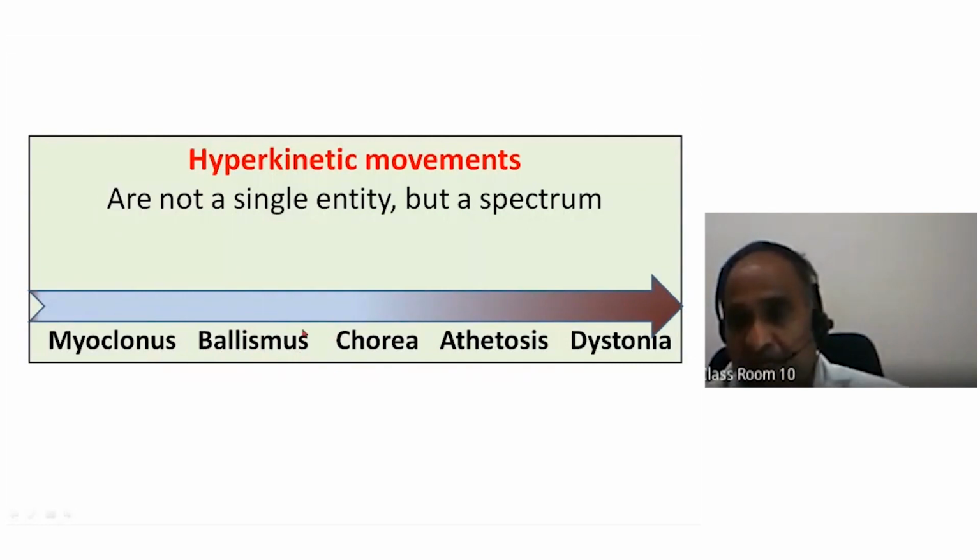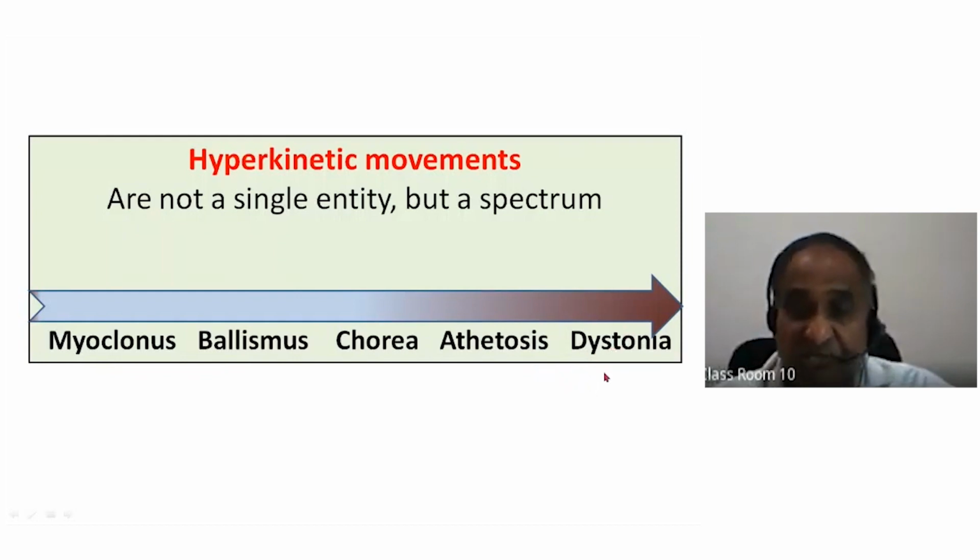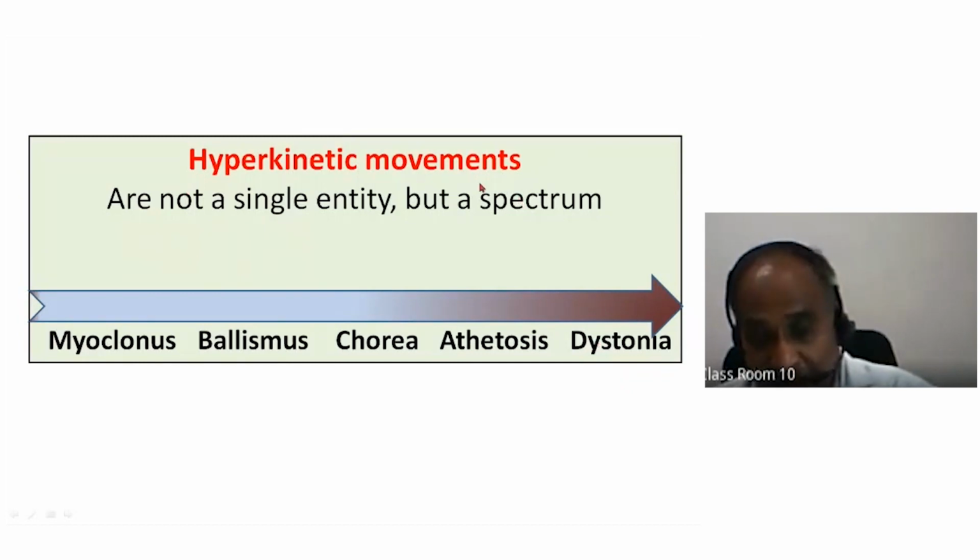Then there will be no pattern and irregular activities all through, that is chorea. Then slow writhing motions set in, that's the next part, athetosis. Then finally dystonia. Dystonia is a state in which the muscles remain in a contracted state, and it will be difficult. So this is about the hyperkinetic movements.